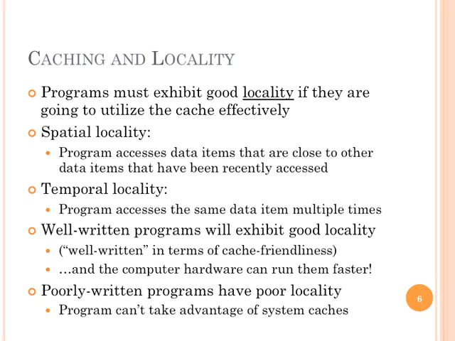Those things are accessed by pretty much every page, so every page references those. And your browser has a cache, and it tries to cache remote content locally so that it can just retrieve it from the local cache instead of having to retrieve it over the internet, because that's slower. So that would be a good example of temporal locality, because I access the same thing multiple times.